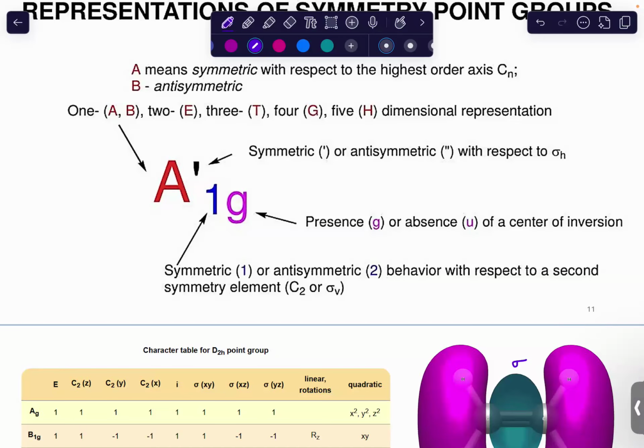We can't, because we're limited to the symmetries in the character table. Okay, A, and I would say A1G. And we can't have a 1. Oh, so just AG then?